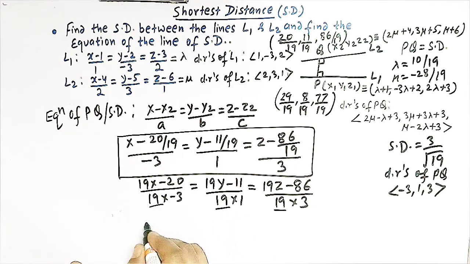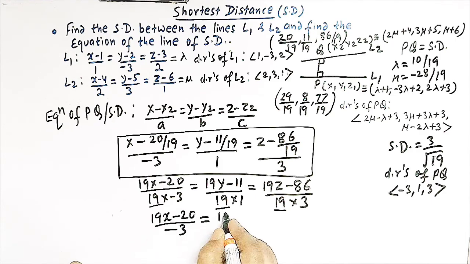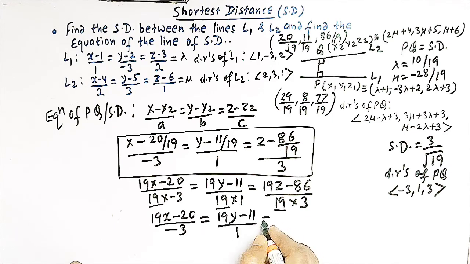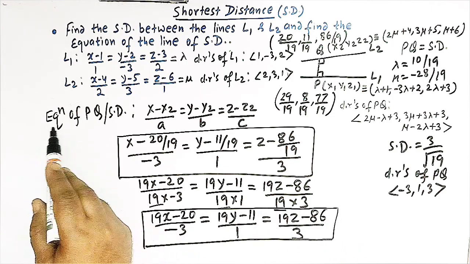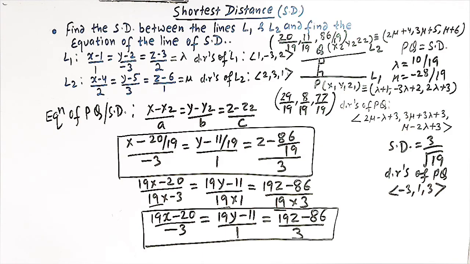So cancelling it, we have 19x minus 20 over minus 3, then 19y minus 11 over 1, and 19z minus 86 over 3. So this is another form of the equation of shortest distance.